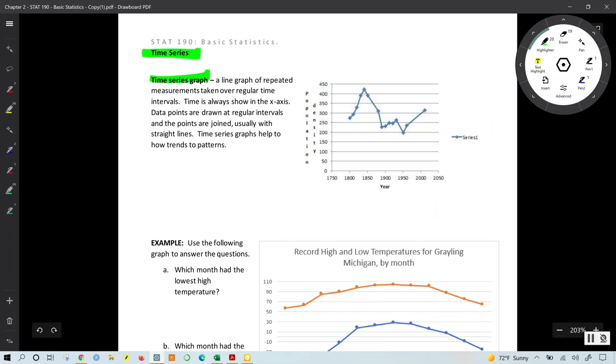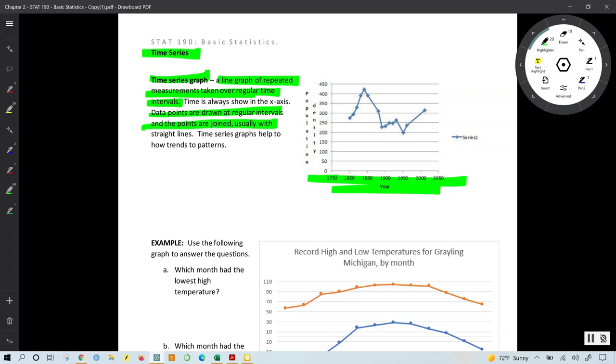So, a time series graph is a line graph of repeated measurements taken over time intervals. Usually the time is shown on the x-axis, and data points are drawn at regular intervals, and the points are joined just to show the time dependence using straight lines. Time series graphs help us to show trends and compare trends and patterns.